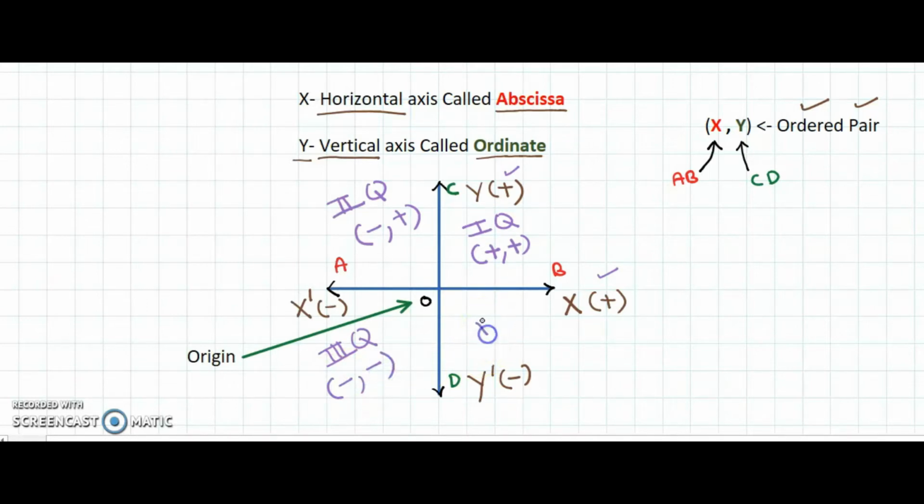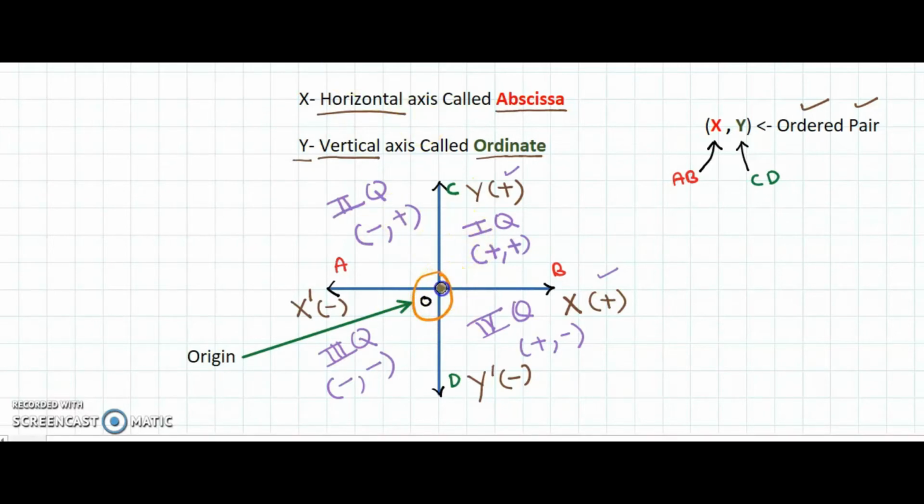The last quadrant, the fourth one, is here, that is BOD, in which you can see x is positive whereas y is negative. These are the 4 quadrants in which you have to remember which values are positive and which are negative. And the most important thing is the central point where the two axes meet each other.